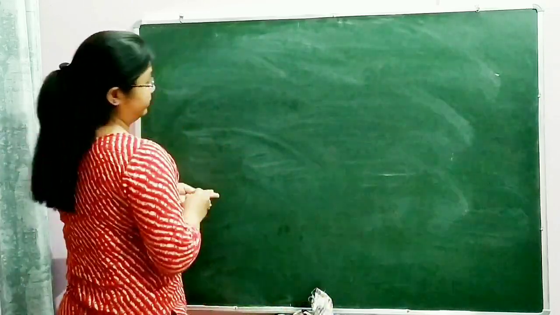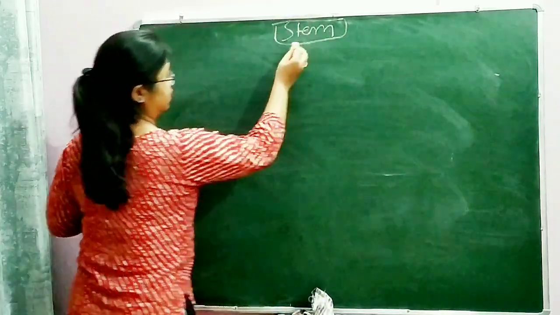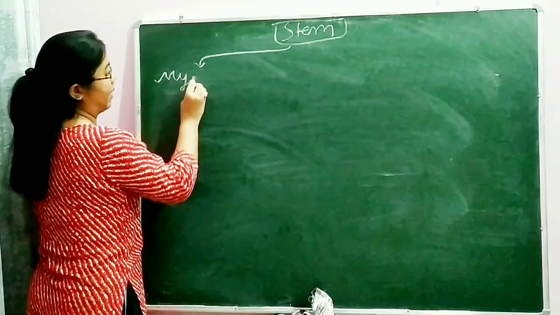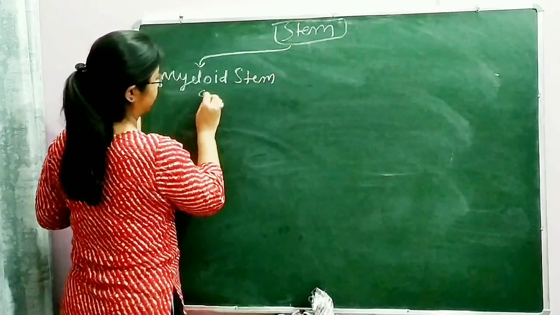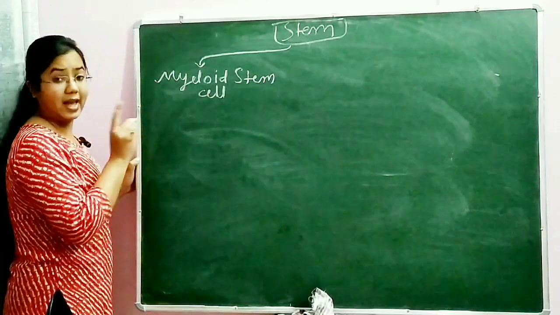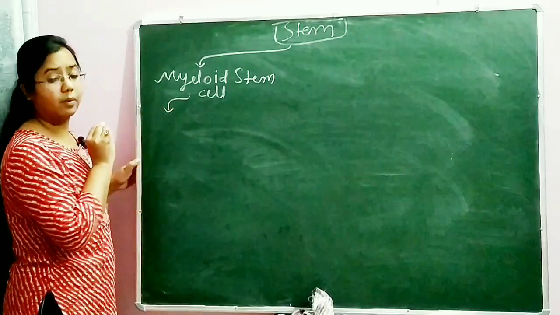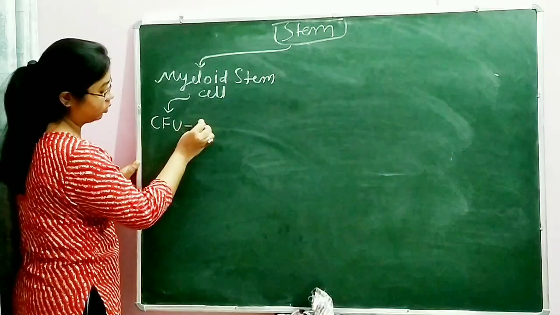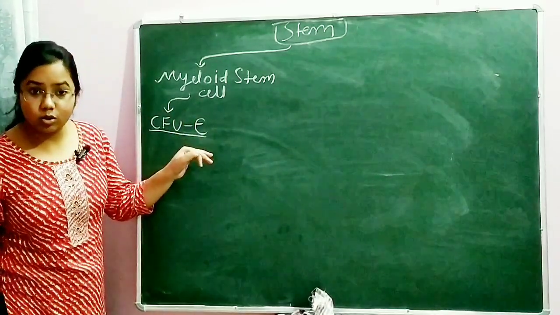So, this is the stem cell. It first divides into the myeloid stem cell. Then it forms the first progenitor cell, the colony forming unit erythrocyte.